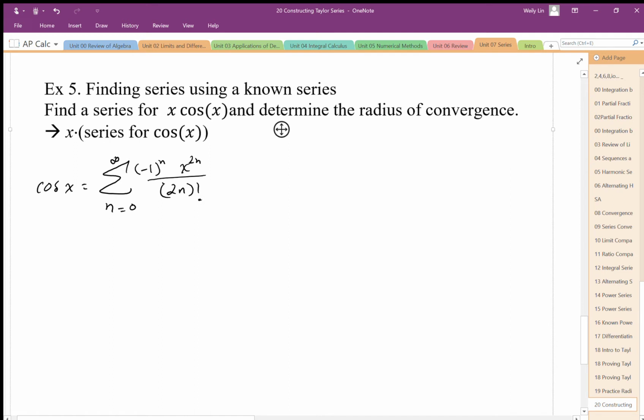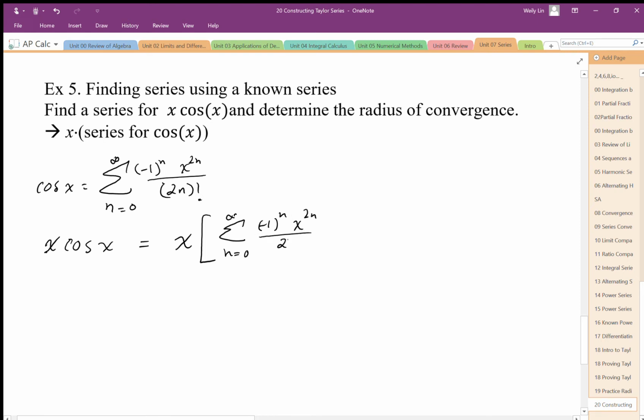To generate the function x cos x, we have x cos x equal to x times that series. So we end up with sum of -1 to the n, x to the 2n all over 2n factorial.